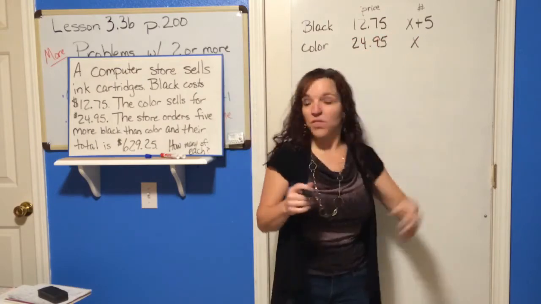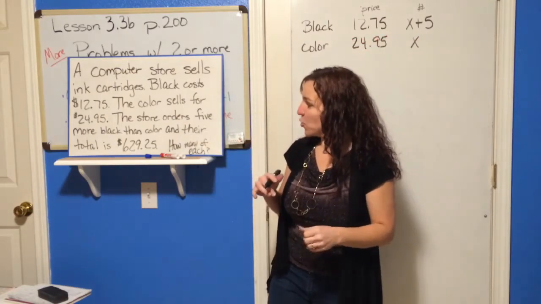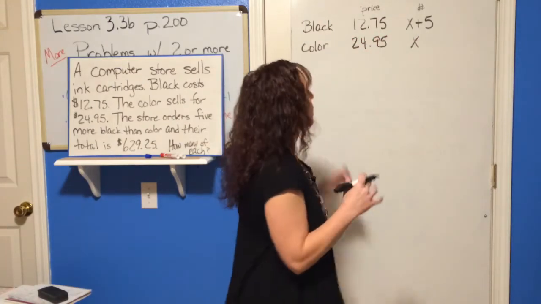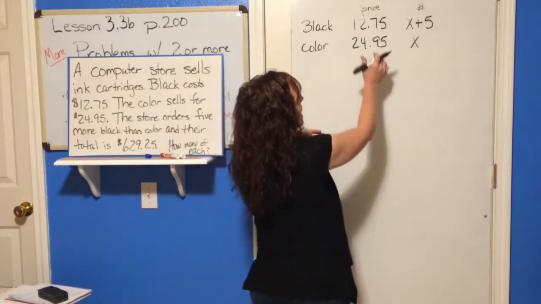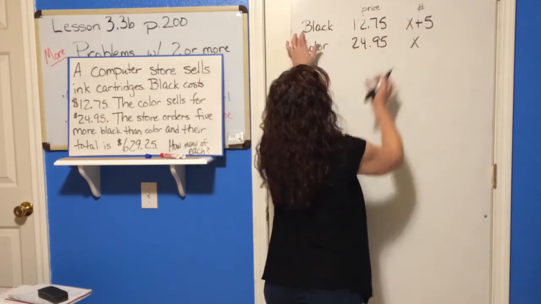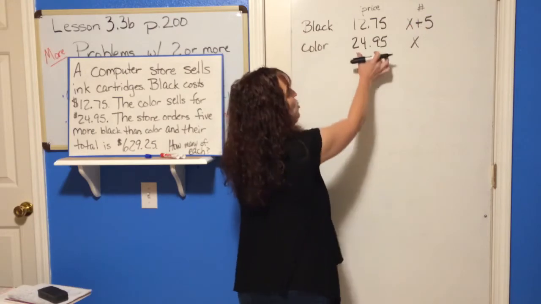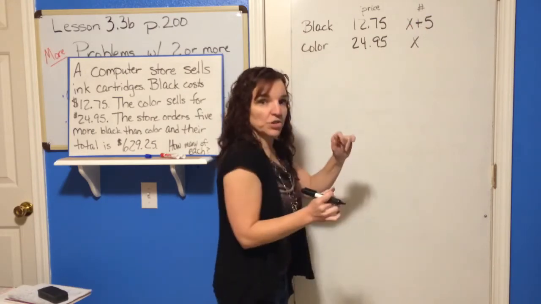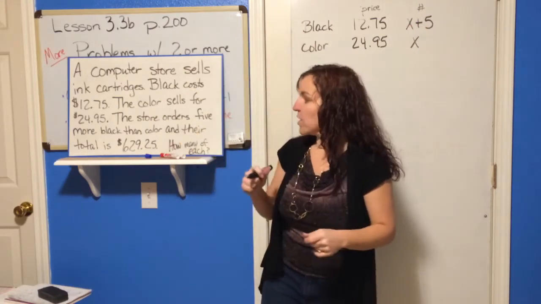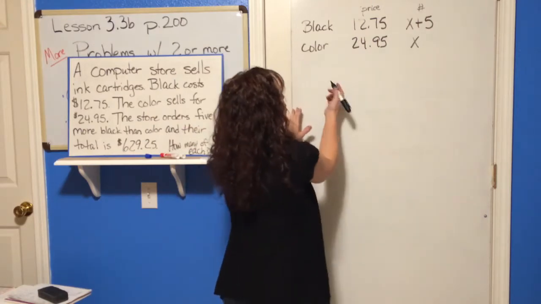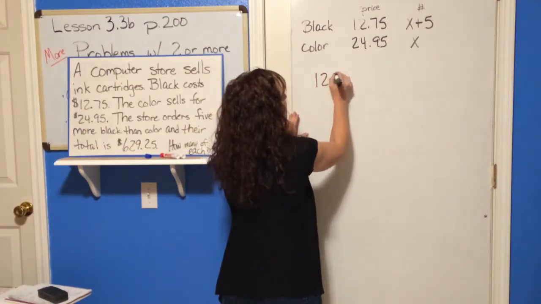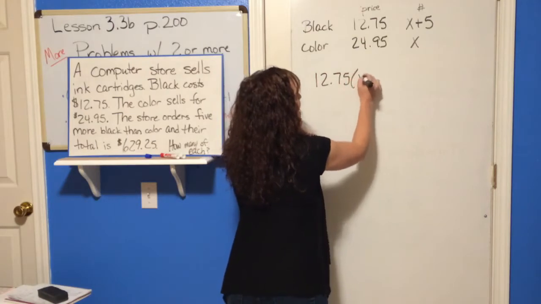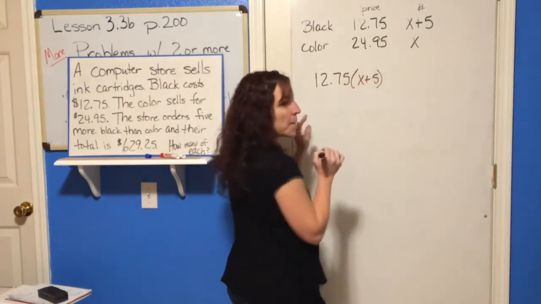If we add both of these together, we get $629.25. So we know if we take the price times the number of black and add it to the price times the number of color cartridges, we're going to end up with this $629.25. So let's just do that. Let's take the $12.75 times x plus 5.